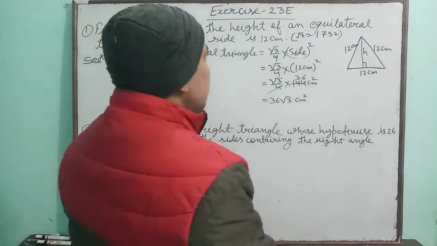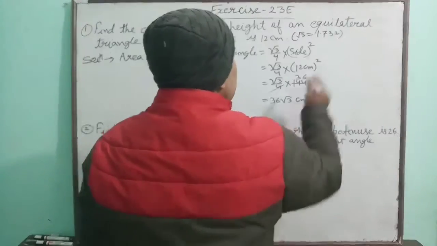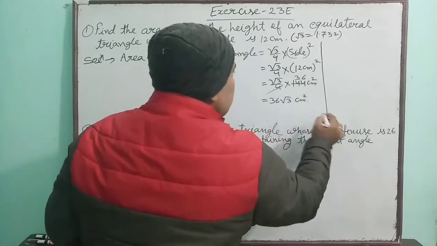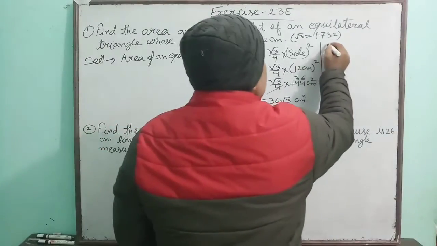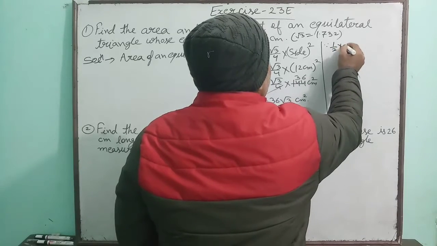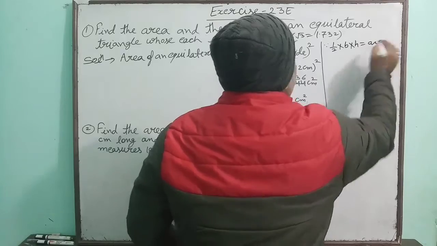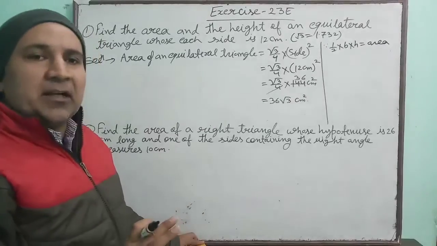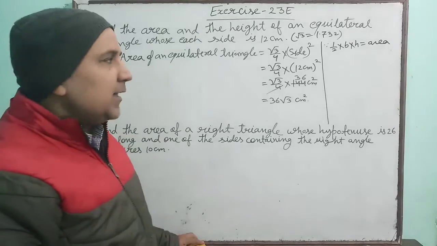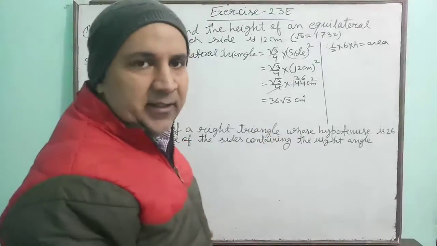So children, I hope you know one more formula for the area of the triangle, that is 1 by 2 into base into height, that you have read. Since 1 by 2 into base into height is equal to area. This is also the formula for any triangle. If in any kind of triangle base and height are given, then we can find the area.